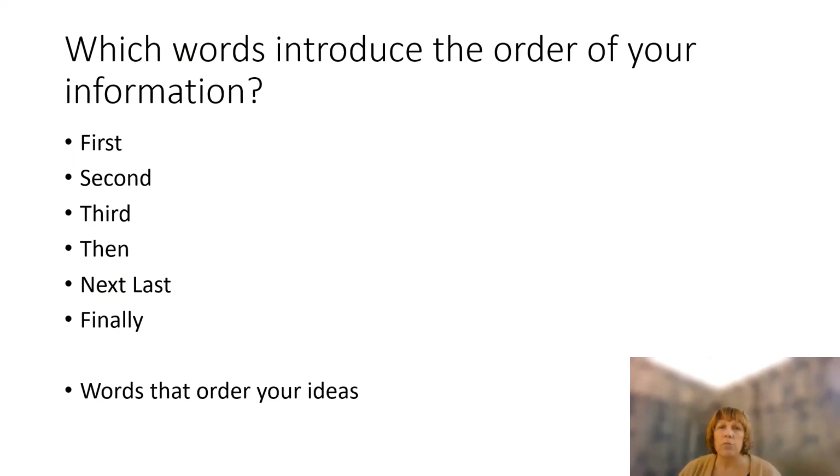So which words introduce the order of your information? First, second, third, then, next, last. Finally, words that order your ideas. So learn to think about introduce being the job that the word or phrase has to do.